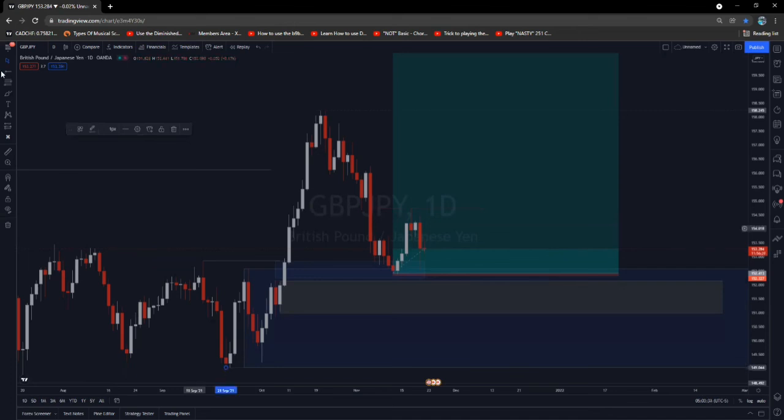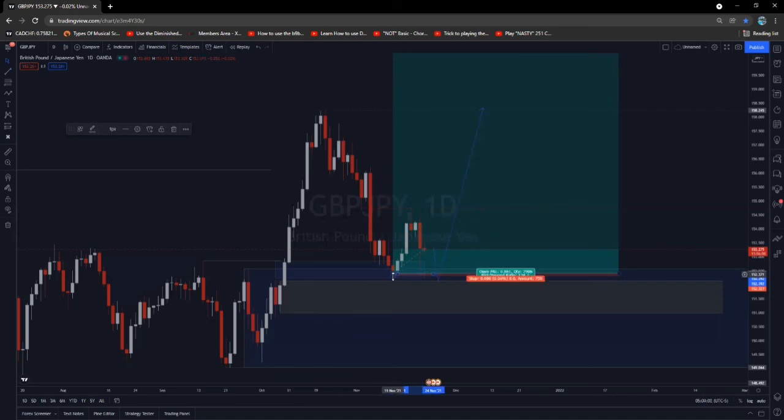Or if it gives us a double bottom, it might take out some liquidity over here and then go down, then go up. As you can see right here, we created liquidity with this swing low over here.